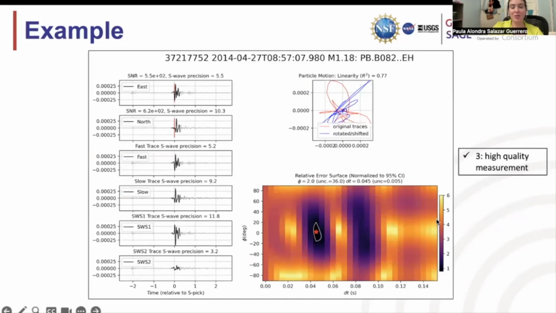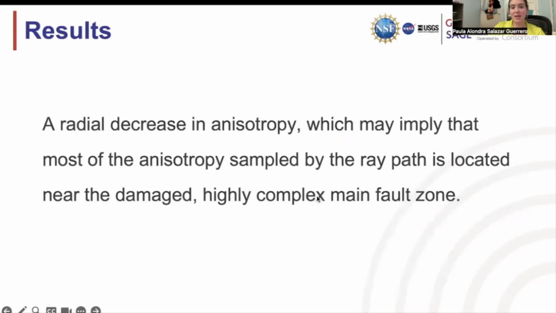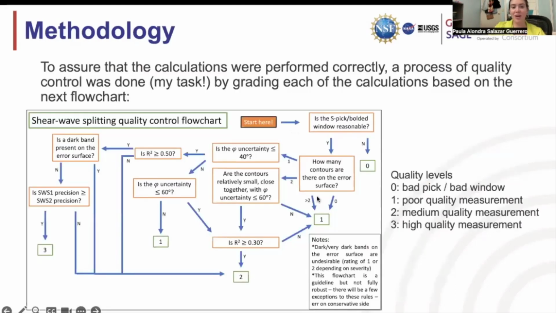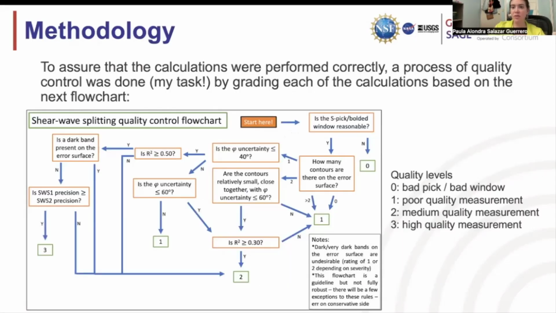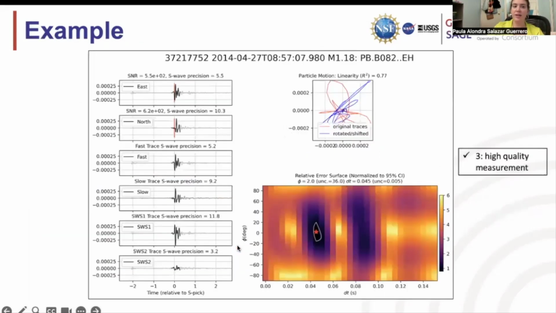And so following this, we followed this flow chart, like a path that led us all the way to a number 3 measurement. There were a few exceptions with some of the measurements, but overall this was the main guide for the grading.